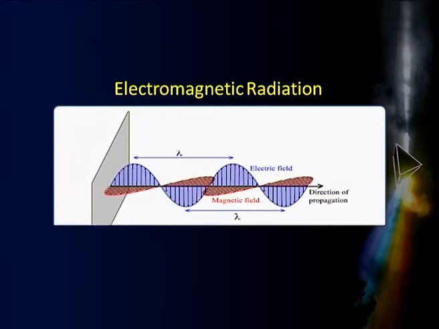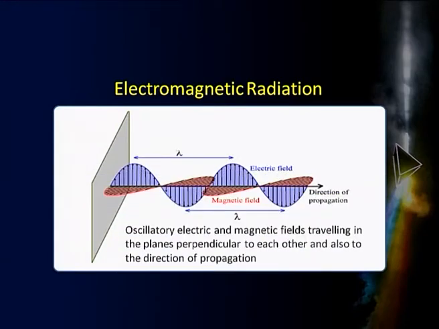So, there is an electrical component which is a sinusoidal wave moving in the direction of propagation, but perpendicular to it, and then there is a magnetic component. The blue component here is the electrical vector moving in a sinusoidal way, and the red one depicts the corresponding magnetic component. So, it is an electromagnetic disturbance in space.